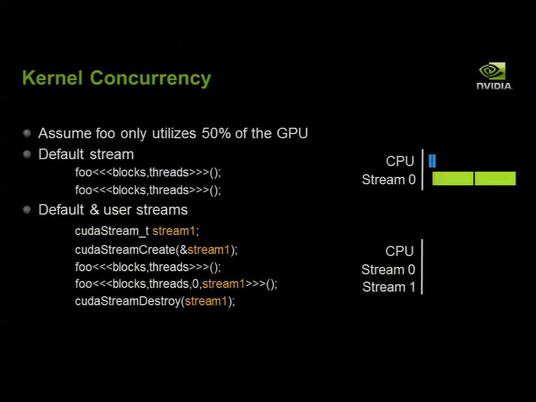Now, when you're using both the default stream and a user-defined stream, so you have a stream one, you use cudaStreamCreate, sorry, and then you're launching the kernel. This one has no stream specified, so it goes into the null stream, and then you explicitly use your user-defined stream. What happens is that the first launch goes into the null stream, and the second launch happens afterwards.